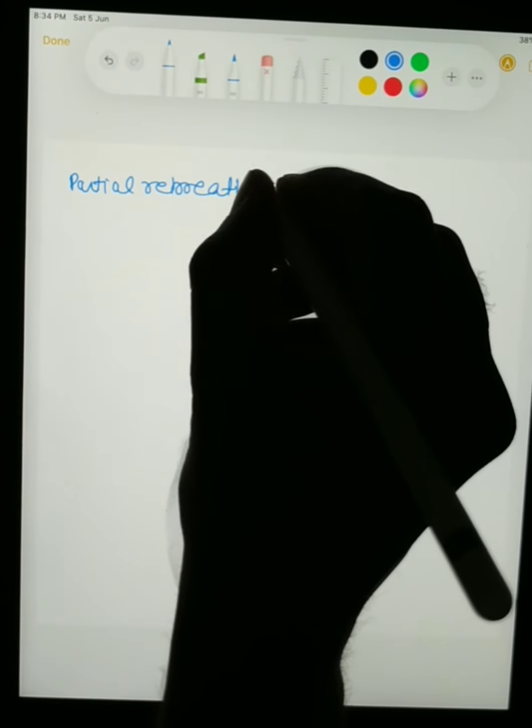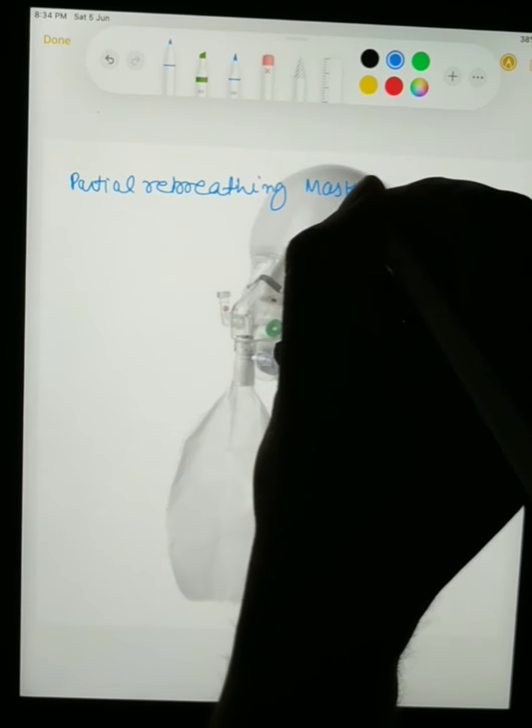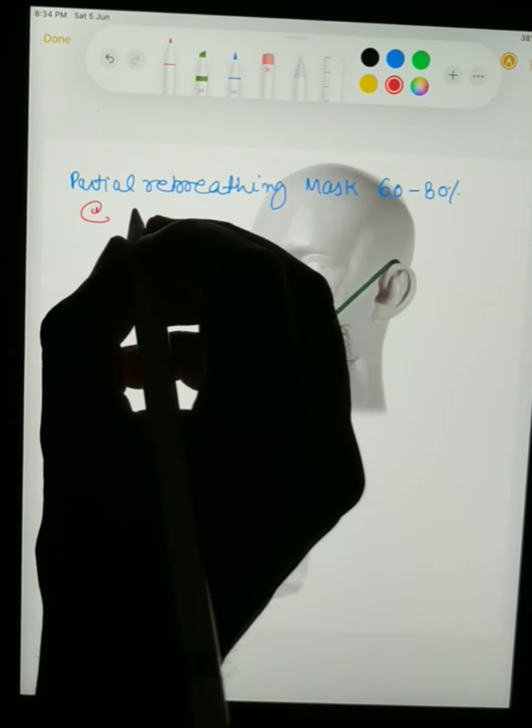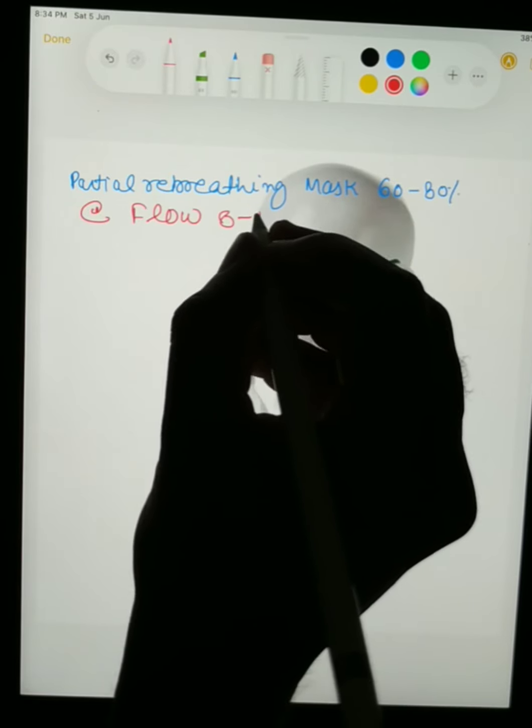So the FiO2 we can provide through a partial rebreathing mask is 60 to 80% at a flow of 8 to 10 liters per minute.